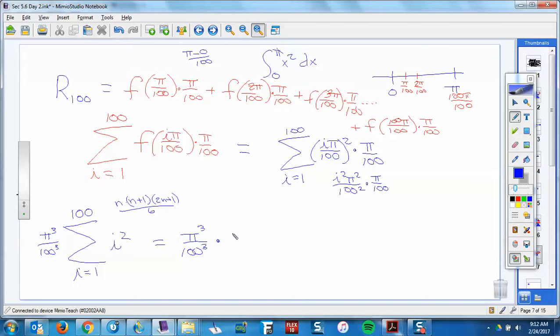So what's that going to be? 100 times 101 times 201, all over 6. Okay, crank that thing into your calculator, see what you get. Give me the fraction and then give me the decimal.